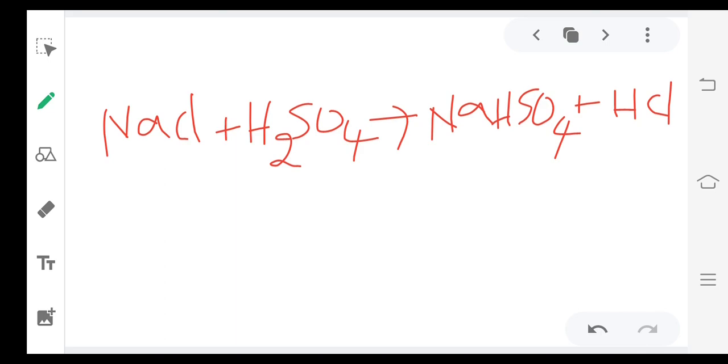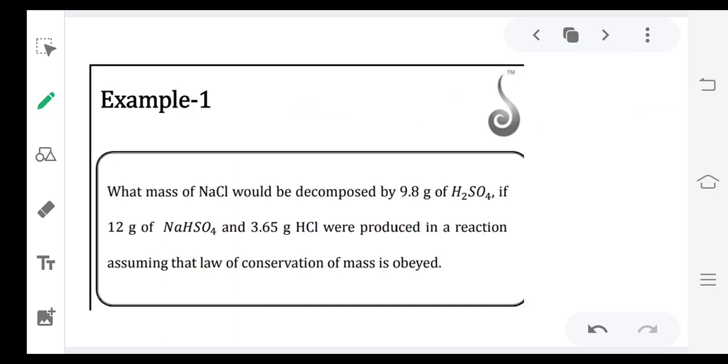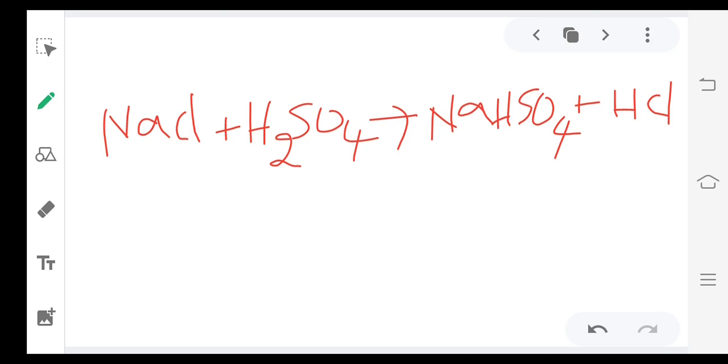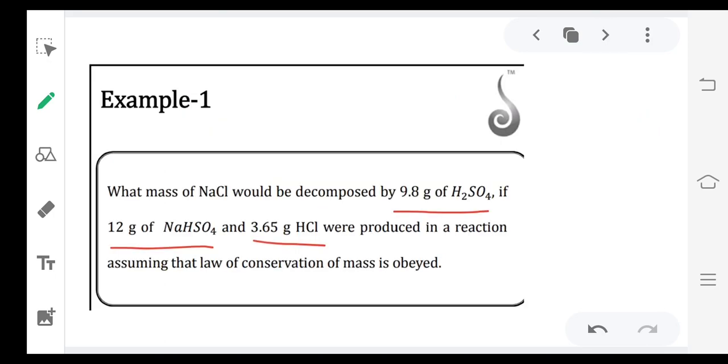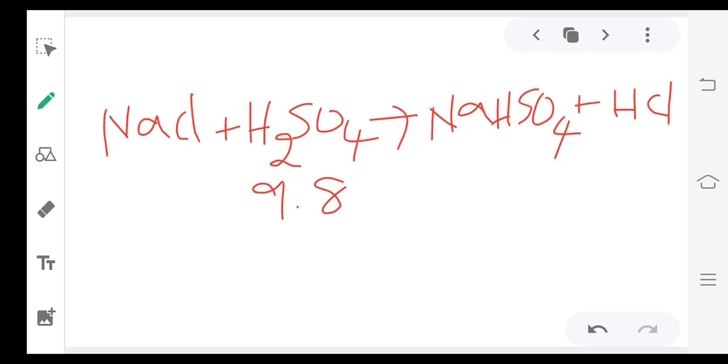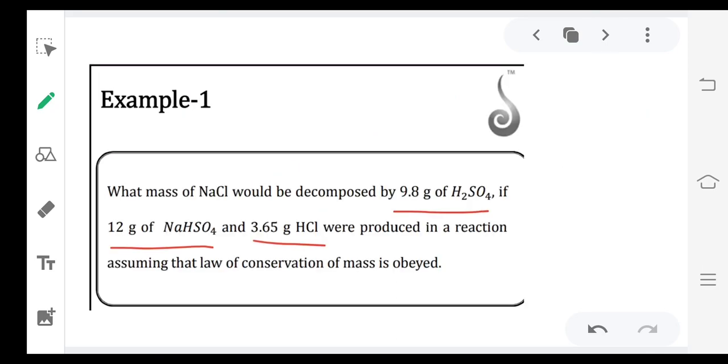What is given in the question? Just note down these values here: 9.8 grams of H2SO4, 12 grams of NaHSO4, and the HCl quantity is 3.65 grams.